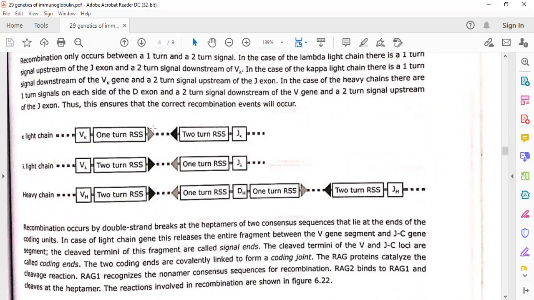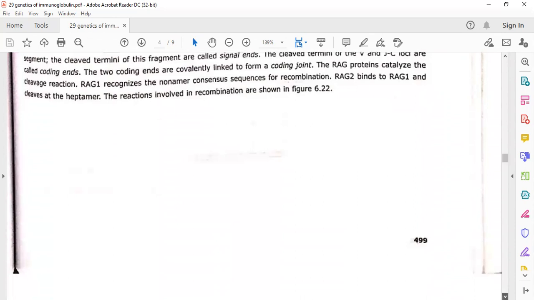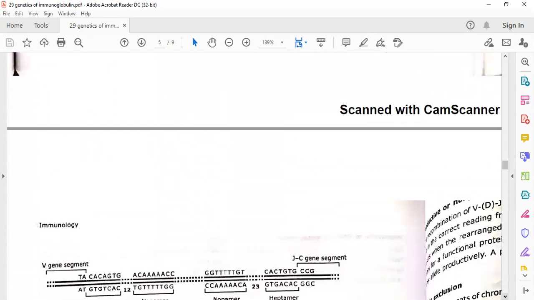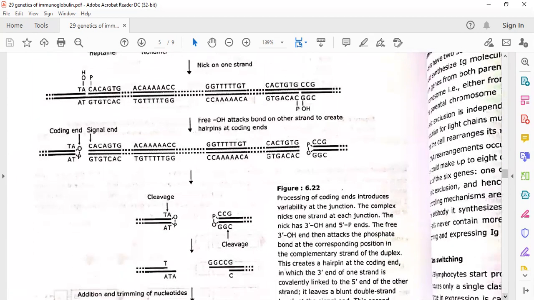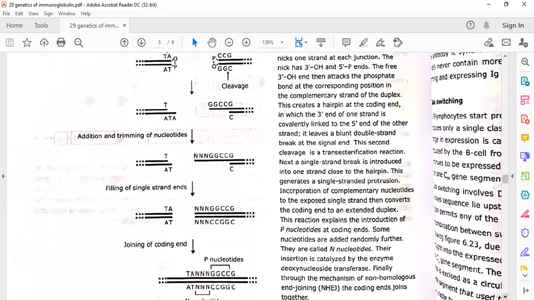One RSS will cleave here, and the second RSS gene will cleave here. This will undergo the complete cleavage of the DNA molecule. So this is the complete sequence.